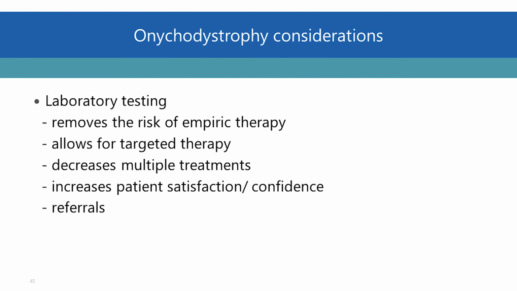So in closing, these are my onychodystrophy considerations. Again, laboratory testing is of paramount importance. This removes the risks of empiric therapy. All right. This allows for targeted therapy, which leads to a decrease in multiple treatments. And above all else, increases the patient satisfaction with you and the confidence that they have in you.